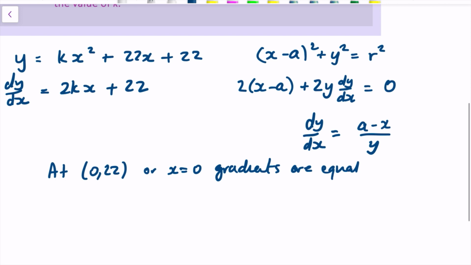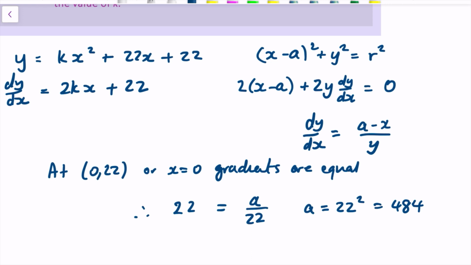Okay, so subbing x equals 0 into both expressions, we get 22 equals a over 22, or a is equal to 22 squared, 484. So that's telling us where the centre of the circle lies, 484 across, and I showed you that with the Desmos graph.